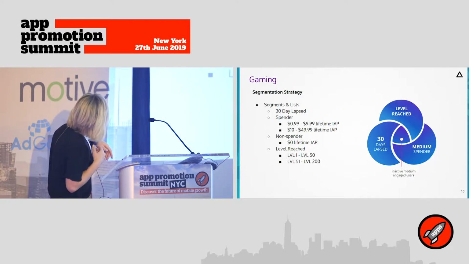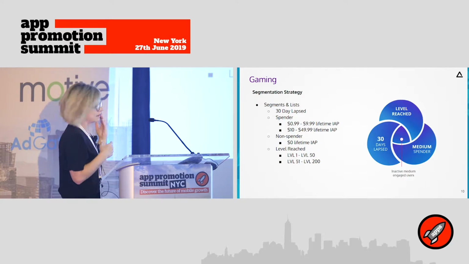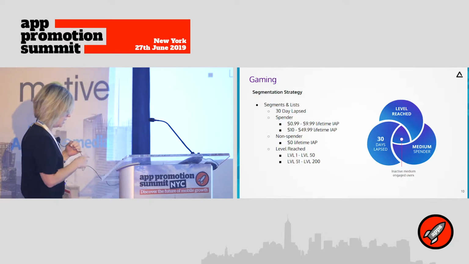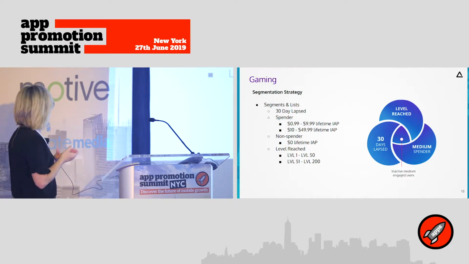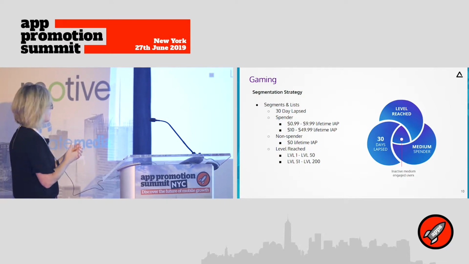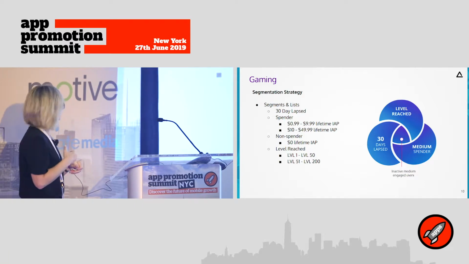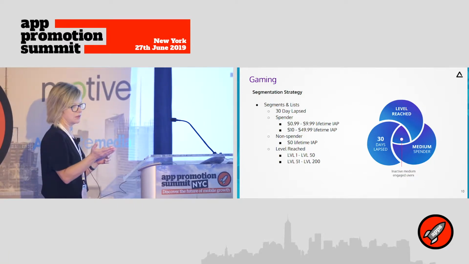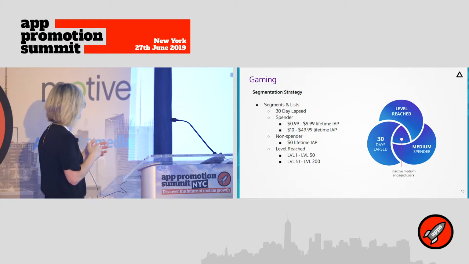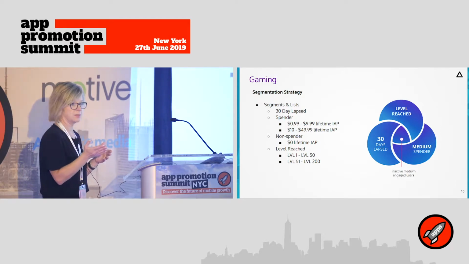So on a gaming side, this is just an example, right? If you're a gaming app advertiser, you might want to look at a segment to target of users that have been gone from your game for 30 days, but they spent $1 to $10 or $10 to $50, so you can create those different segments. You also might want to target a non-spender.